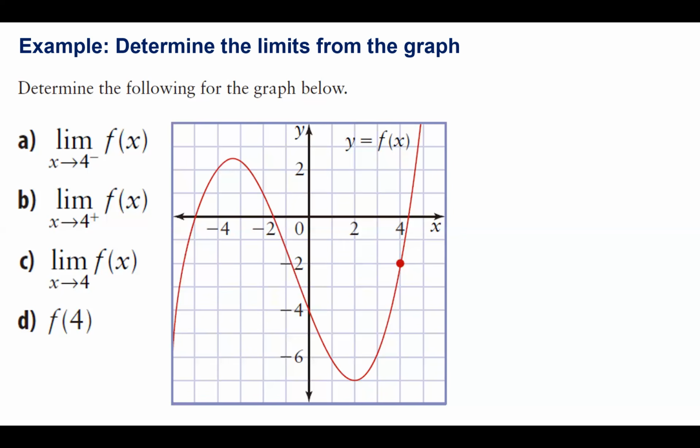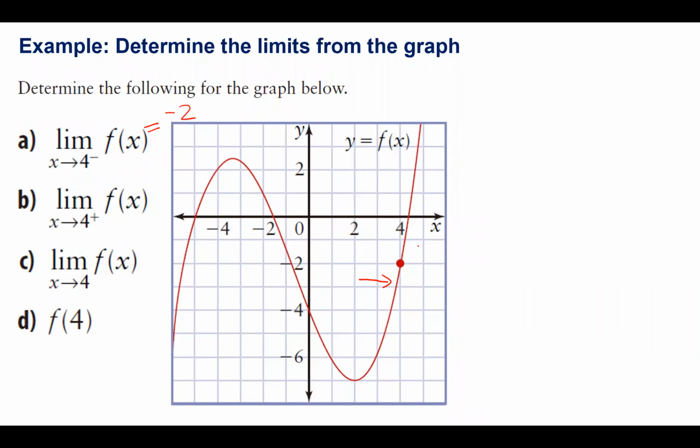Okay, I'll give you 1 minute to think about this question. Okay, have we finished? We can directly observe the limits and the value of the function when x approaches 4 or at the point x equals 4, right? So if we go from the left side to x equals 4, when x approaches 4 from the left side, this function will approach -2, right? So therefore we say the limit of f(x) when x approaches 4 from the left side equals -2.